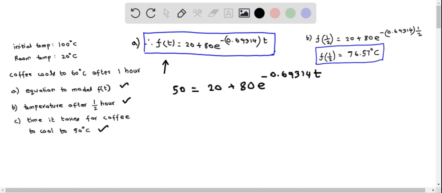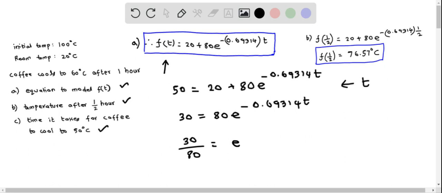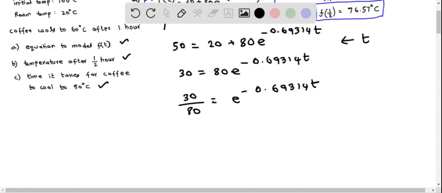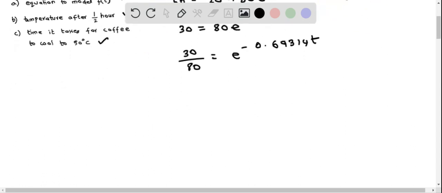Now we have to solve for t from this equation. So first I subtract 20 from both sides. Then I get 30 equals 80 times e raised to the power of negative 0.69314 t. Now I divide both sides by 80. So this becomes 30 over 80 equals e raised to the power of negative 0.69314 t. We then apply the natural logarithm and solve for t.